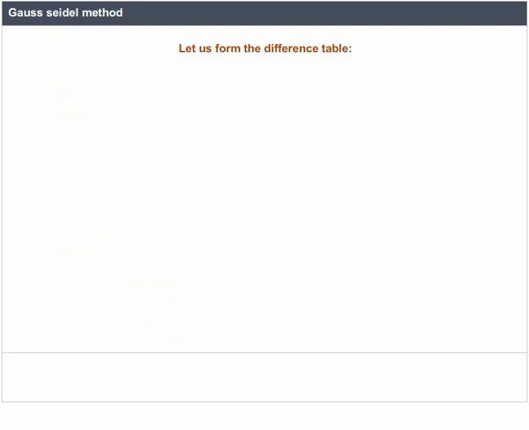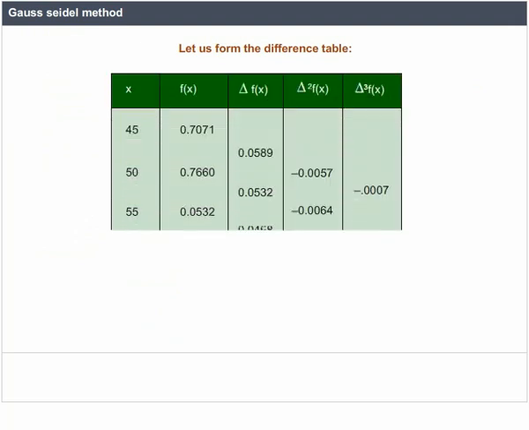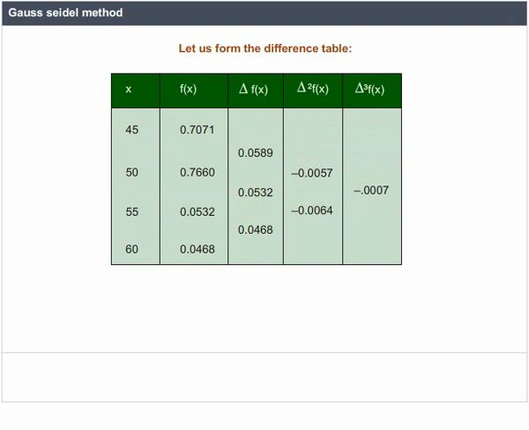Let us form the difference table. The table has columns x, f(x), Δf(x), Δ²f(x), Δ³f(x). X follows 45, 50, 55, 60. Then f(x) follows 0.7071, 0.7660, 0.8192, 0.8660. Then Δf(x) follows 0.0589, 0.0532, 0.0468.